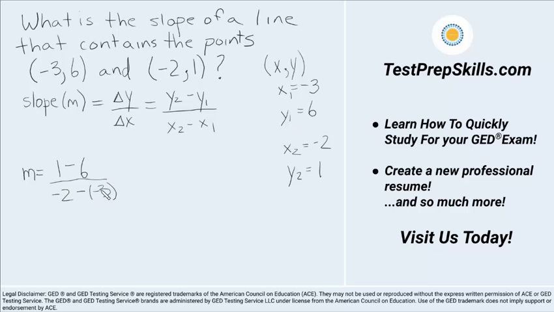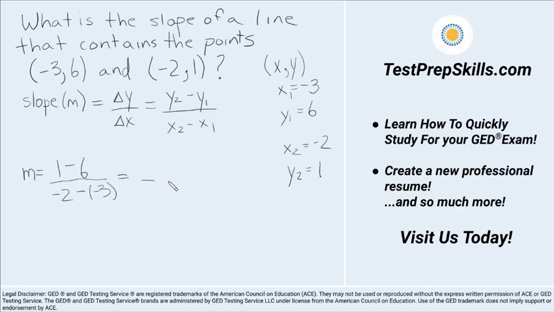Okay, so that was a little tricky there. See how in my formula I have to subtract those values? Well, one of the values I need to subtract is already negative. So I put these brackets here to remind myself that my 3 was a -3, and I need to subtract a -3.